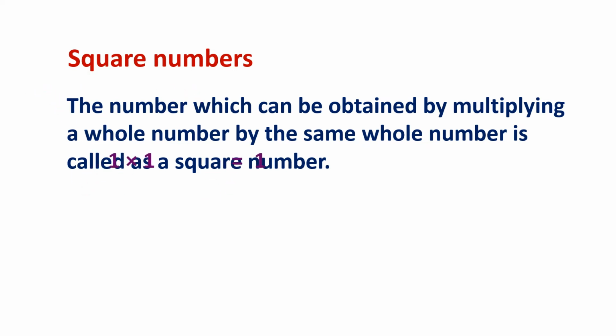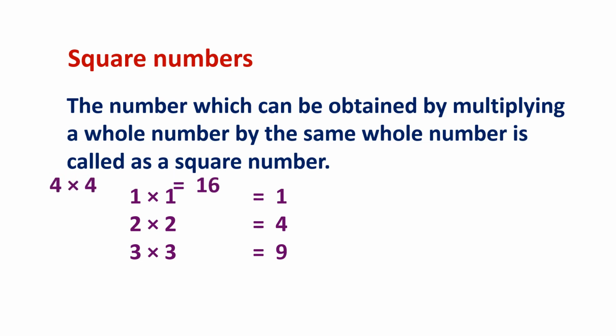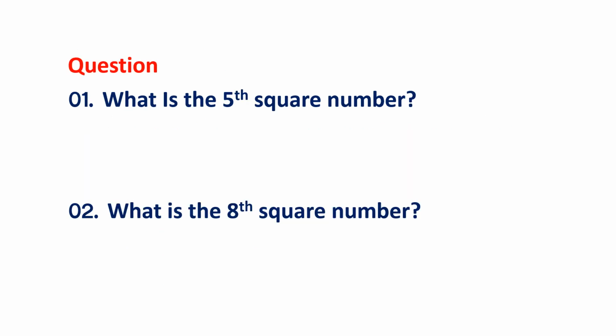So 1 multiplied by 1 is 1, that is our first square number. 2 into 2 is 4, our second square number. Likewise, 3 into 3 is 9, our third square number. 4 into 4 is 16, our fourth square number.